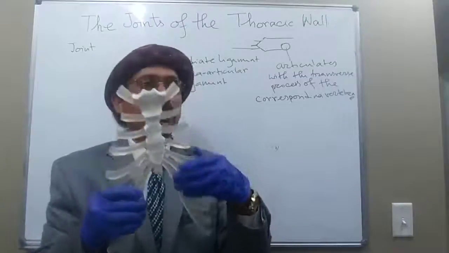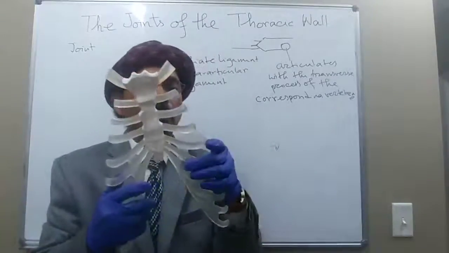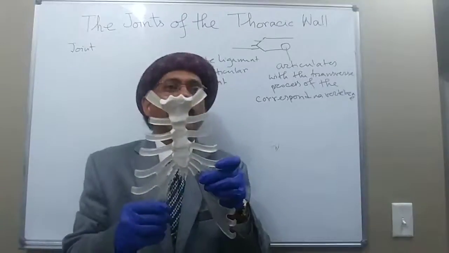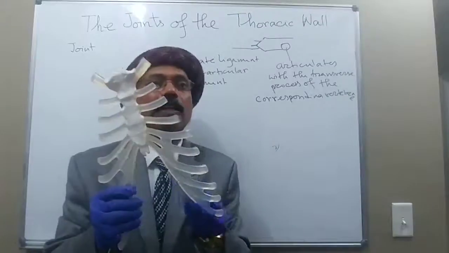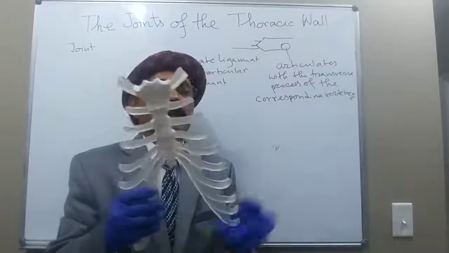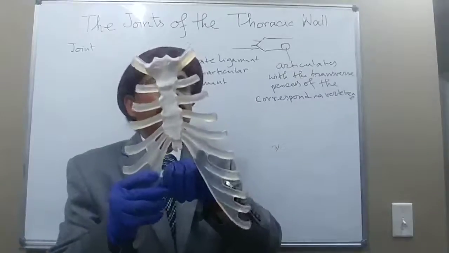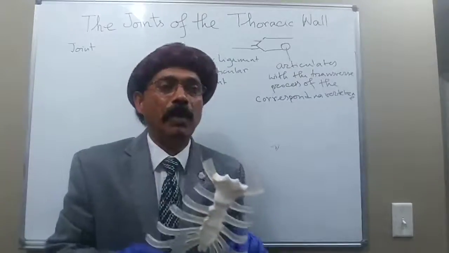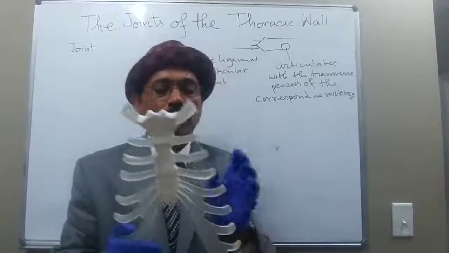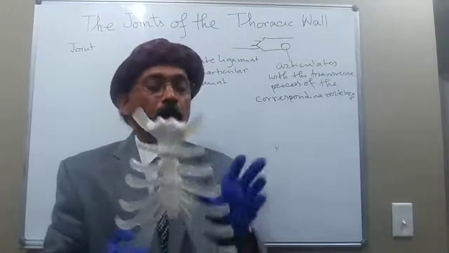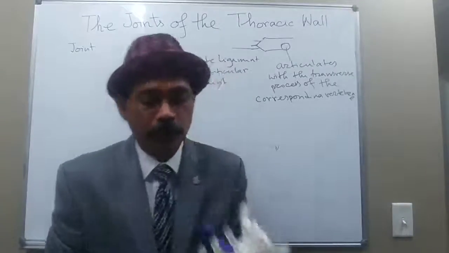These are hyaline cartilages, and they are also connected by interchondral ligaments. The articulation of the 9th and 10th costal cartilage is fibrous. The joints between the costal cartilages are plain synovial joints.